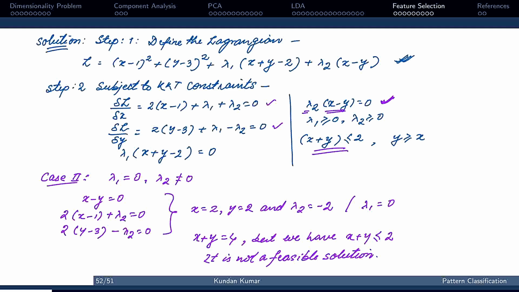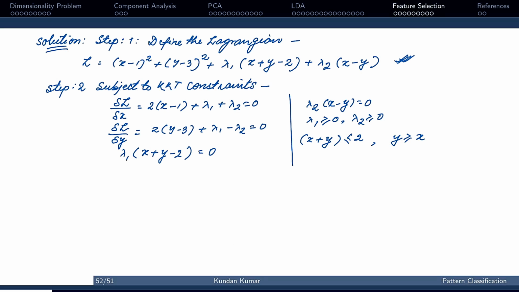Now consider case 3. In case 3, we assume lambda 1 is non-zero, where lambda 2 is equal to 0. So when we have this condition, then from this inequality you can check that lambda 1 is non-zero, so definitely we will have x plus y minus 2 equal to 0.